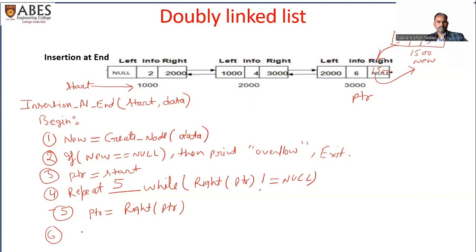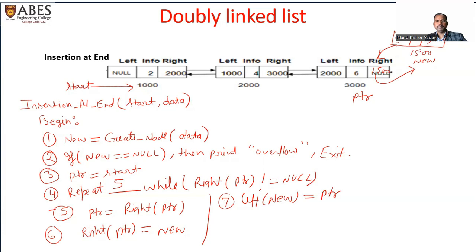Now for that, you can write here right of ptr is equal to new, and left of new is equal to ptr. So both nodes are connected.